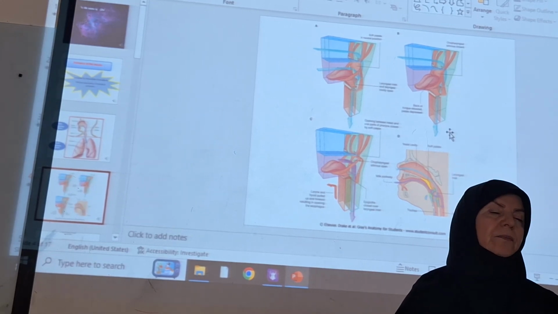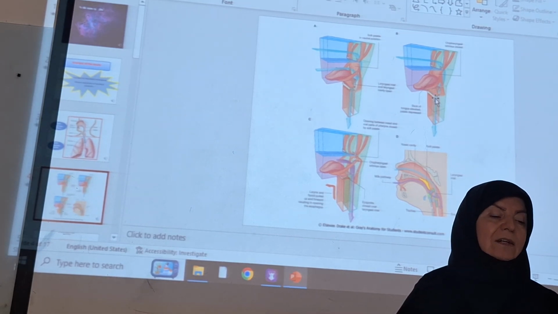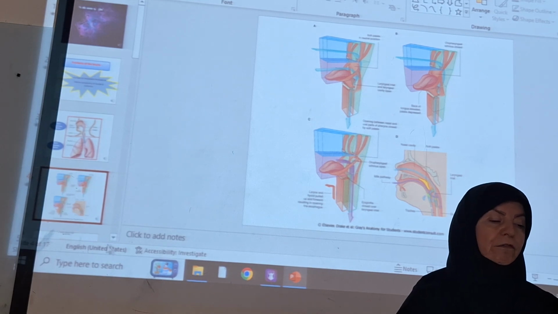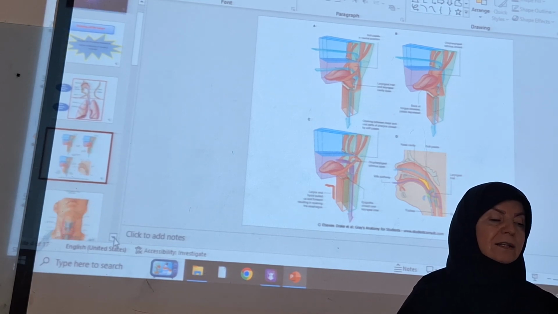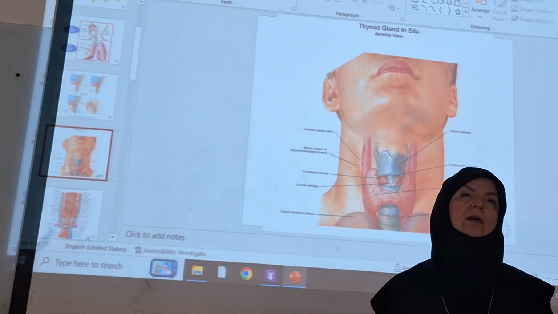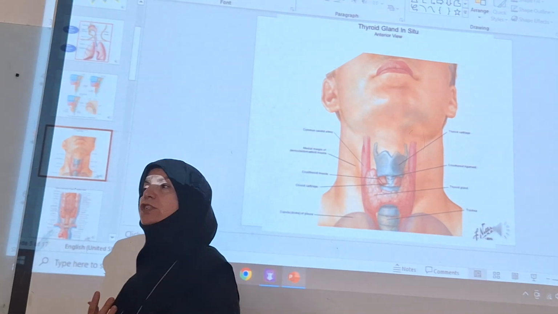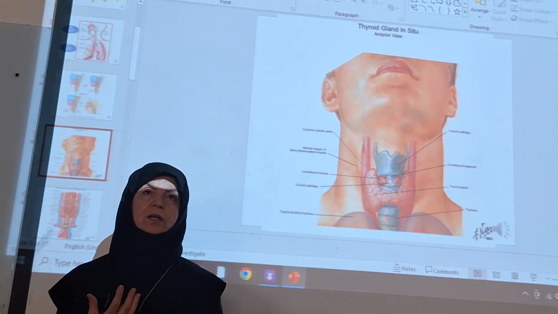Look at here. Inferior to the larynx, I am able to show you the trachea. So inferior to the larynx, the trachea is visible. In this picture, you are going to look at some of the laryngeal cartilage.